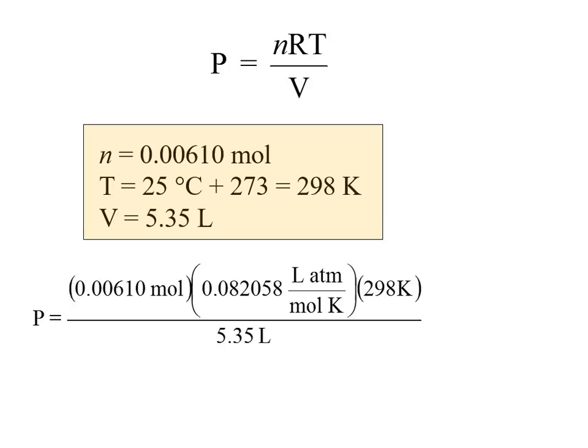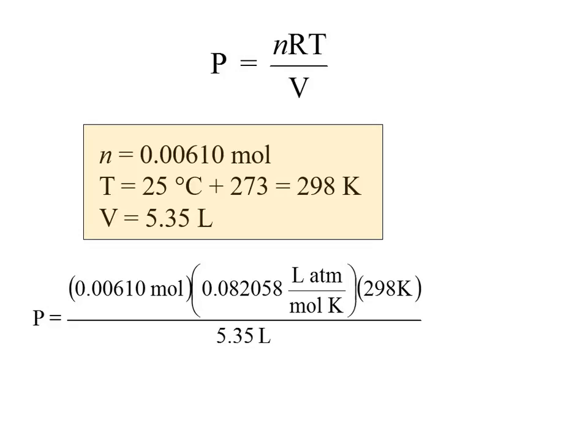Now we plug and chug. Chem 2 is like Chem 1, where you have to show all of the units, and units will allow things to cancel. So the pressure is equal to n, which is 0.00610 moles. Also in the numerator is R, 0.082058, with units of liters atmospheres per mole Kelvin.